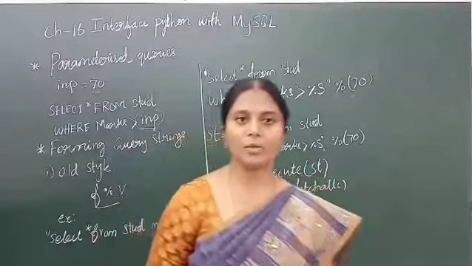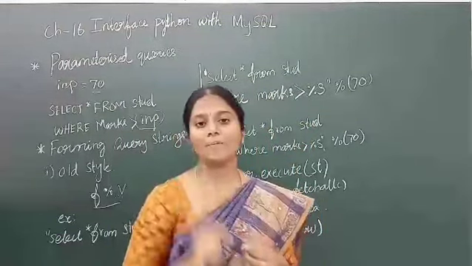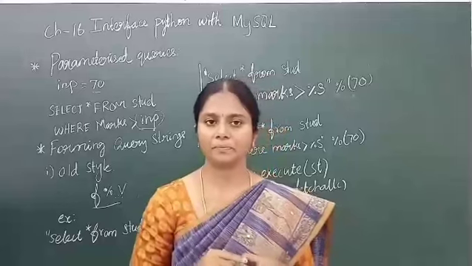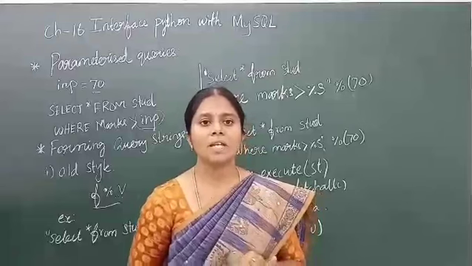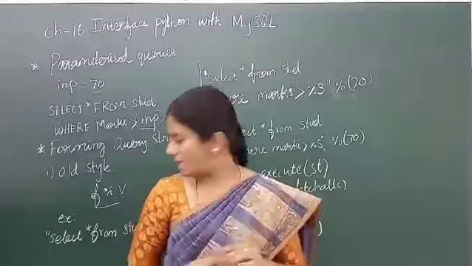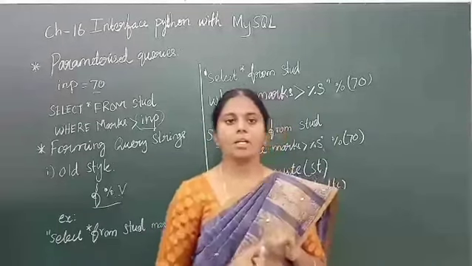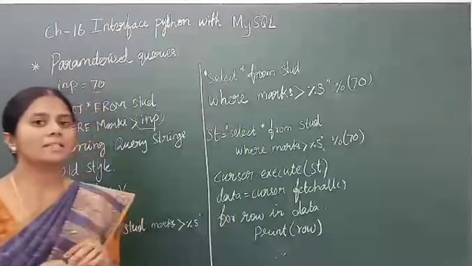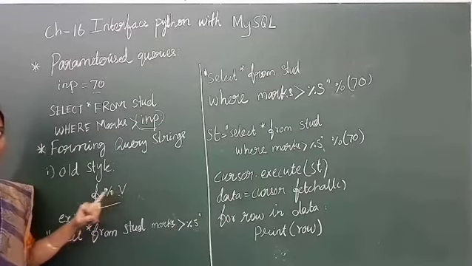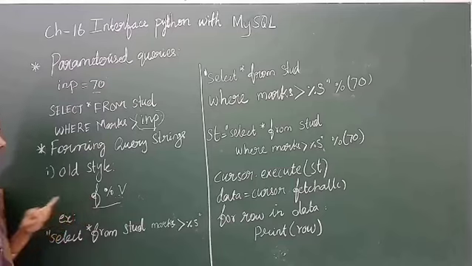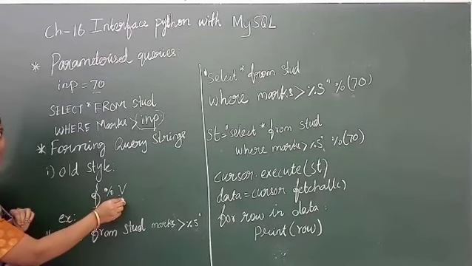Forming the queries with parameterized values has two different formats. The first one is the old style, and the other one is the new style. The old style of formatting the string is F modulus operator B. F is a template here, and B is a value here.